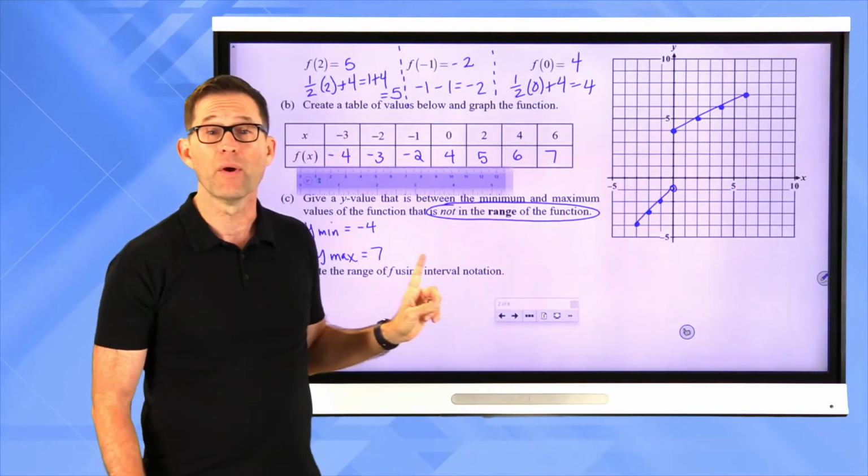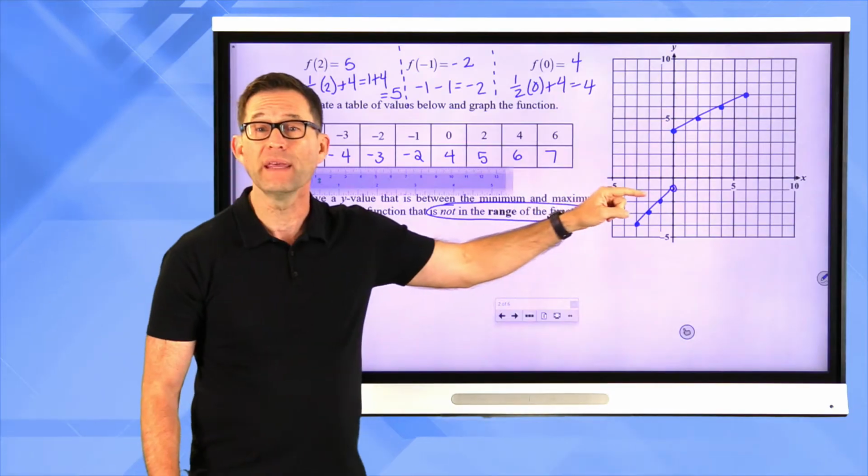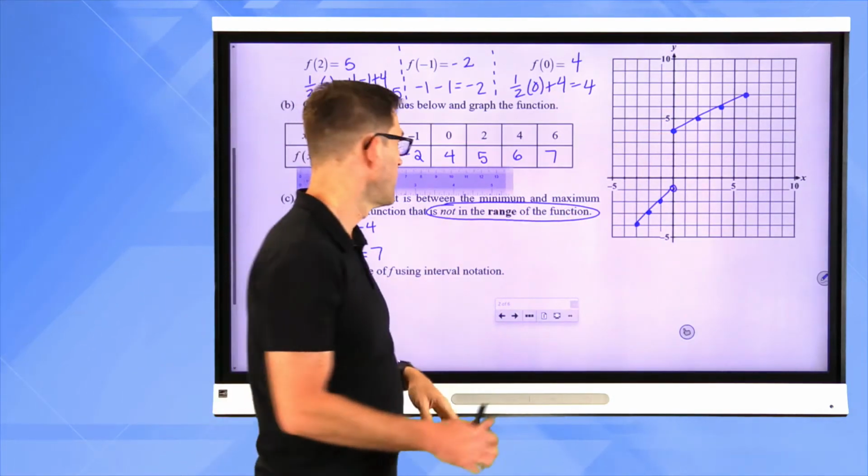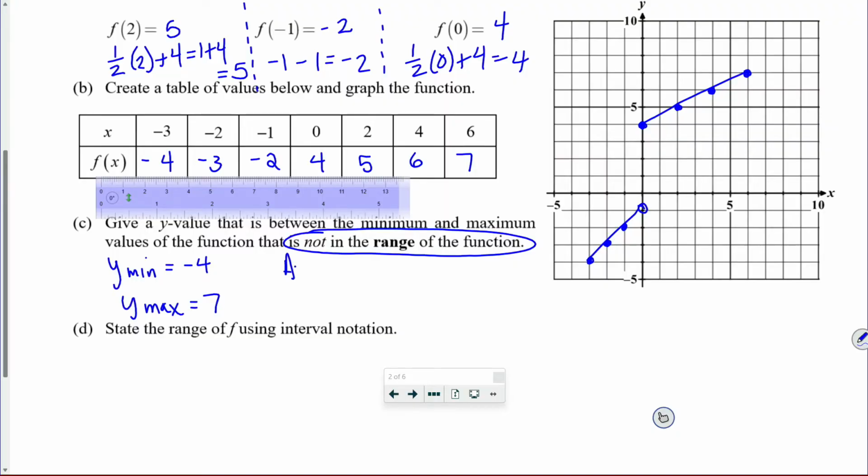So any value between y equals -1 and y equals 4 would work. And let me just write this down. Any value between y equals -1 and y equals 4 works.